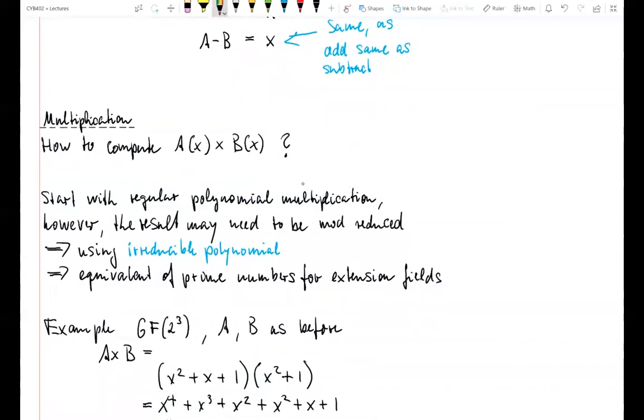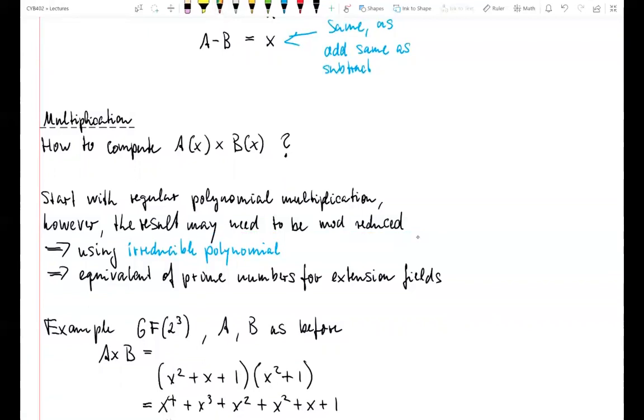We start with regular polynomial multiplication, like you learned it in school. But if you multiply two polynomials, you may end up with an element that is not part of your field anymore. So we need to do some modulo reduction.